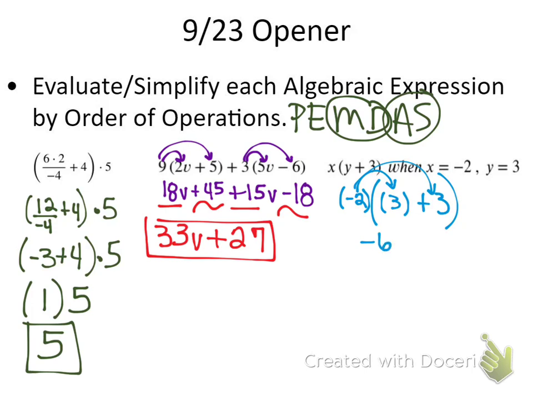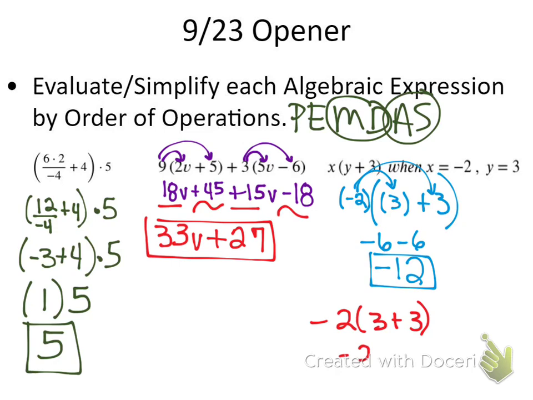Negative 6 minus 6 is? Negative 12. Okay. What's the other way that I could have solved this? I could have just followed PEMDAS. Parentheses first, right? Then multiply. So either way is totally fine to do. Okay? Any questions on those?